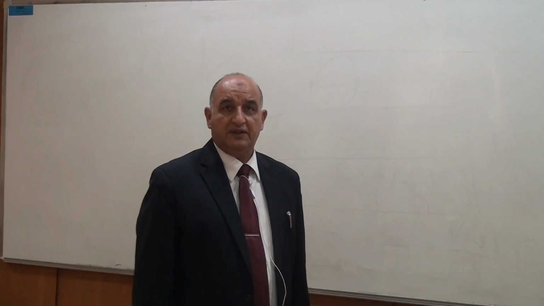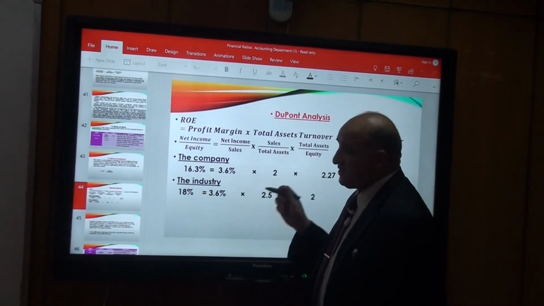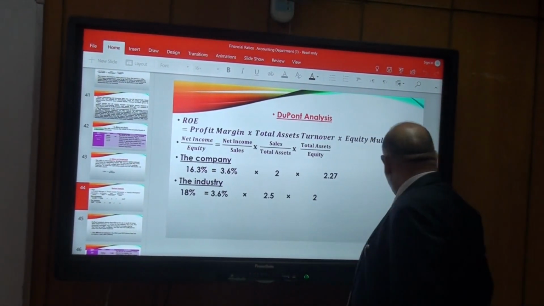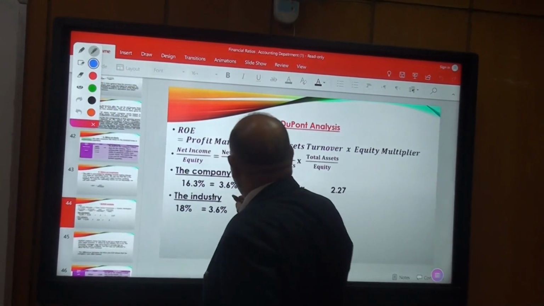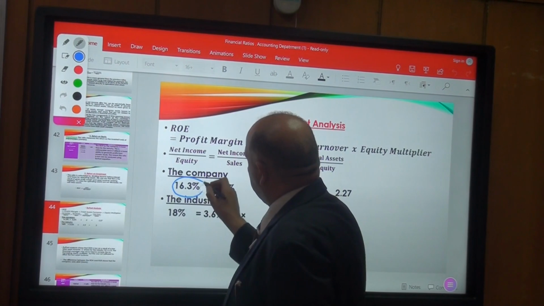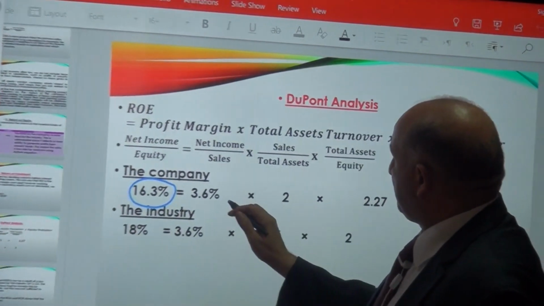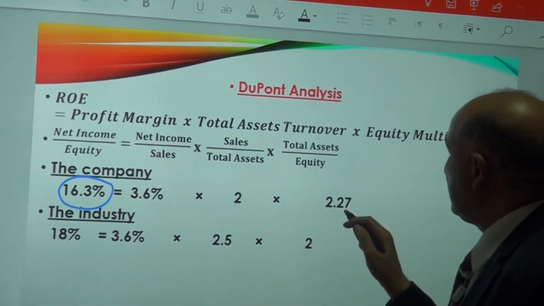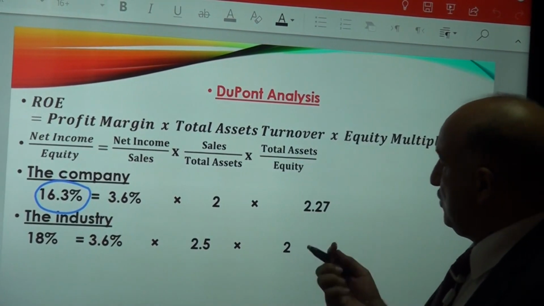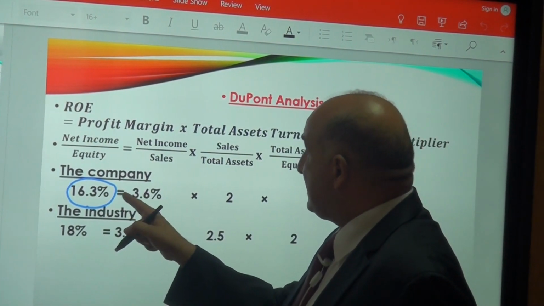Okay? For our example, recalculating the ROE using the Dupont analysis, it will be like this. As you may remember, this is the ROE, net income divided by equity, and this is the profit margin, multiplied by the total asset turnover, and this is the equity multiplier. You can discover that we have 16.3%.